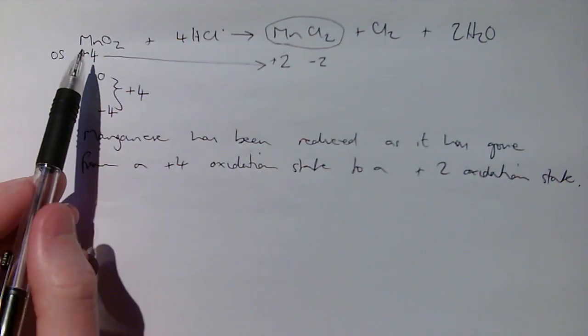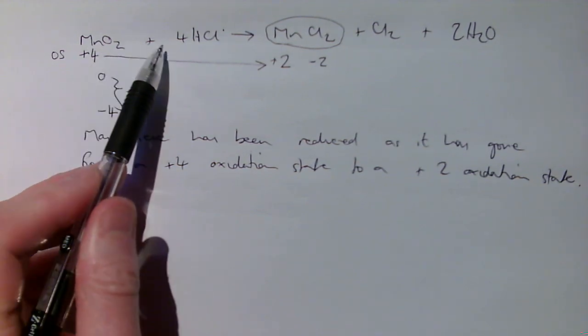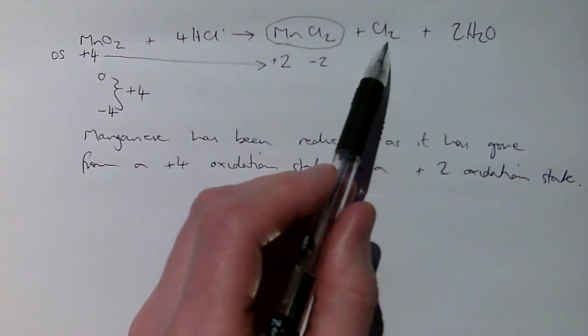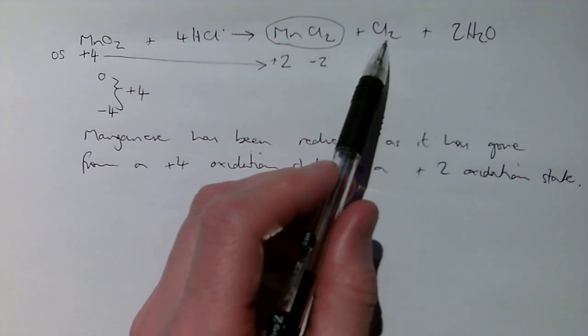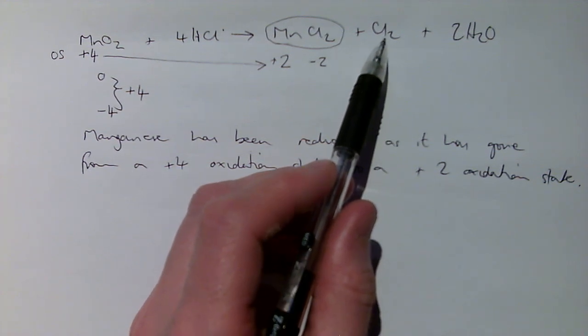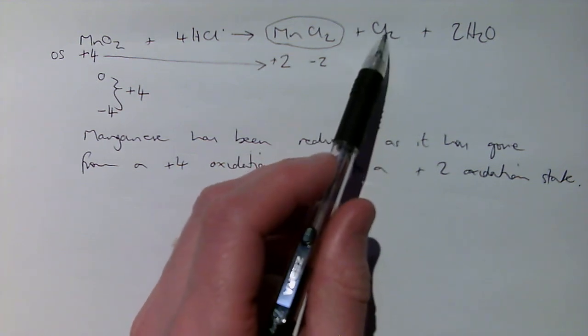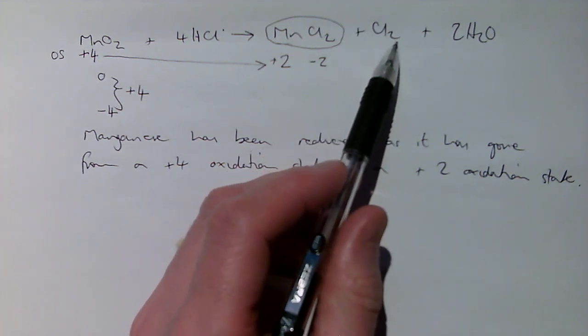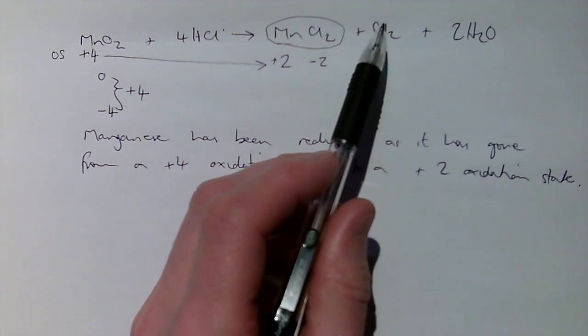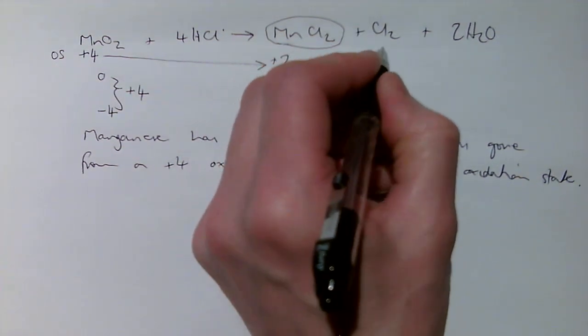Right, let's have a look further through here. On the other side of that equation, I've spotted some Cl2. Well, that's molecular. It's two Cl atoms covalently bonded together, so it's all the same element, so that must have an oxidation state of 0.